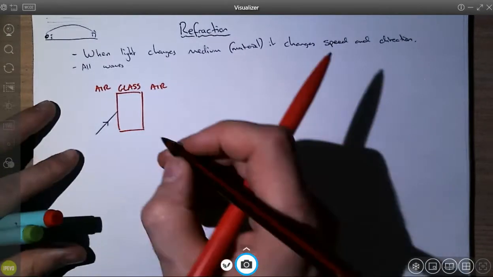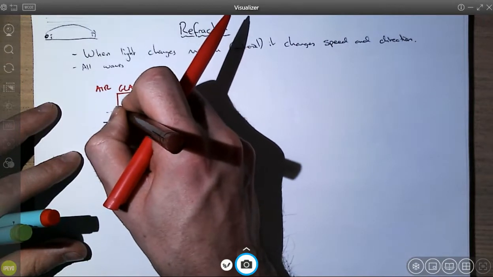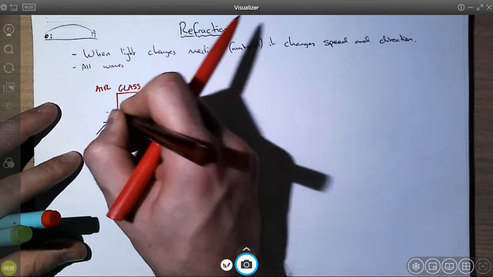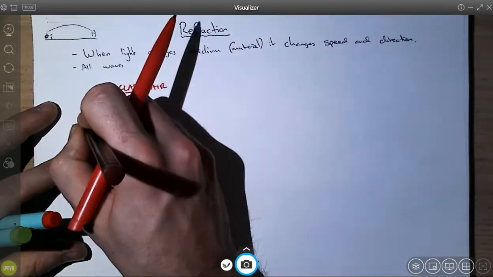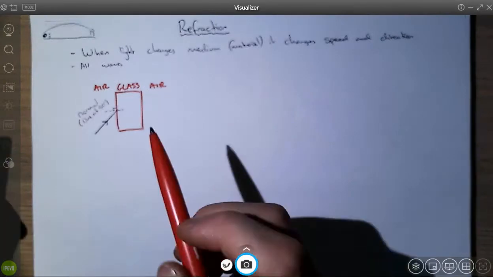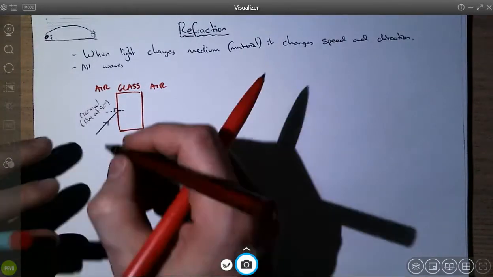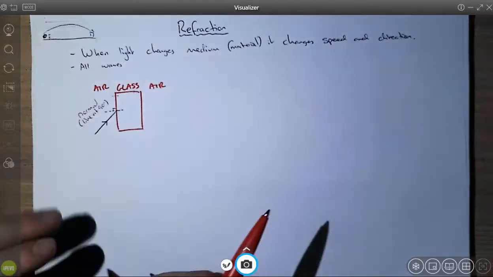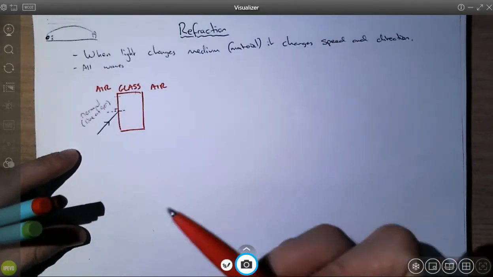So the first thing we always need to do, and it's really important to make sure students do this and understand what they are doing, is to draw on the normal line. The normal is the line at 90 degrees to the surface. Students may well ask, where do I draw the normal? Why don't I draw it over here? Why don't I draw it over here? Well, it's where the light hits the surface, hits the object.